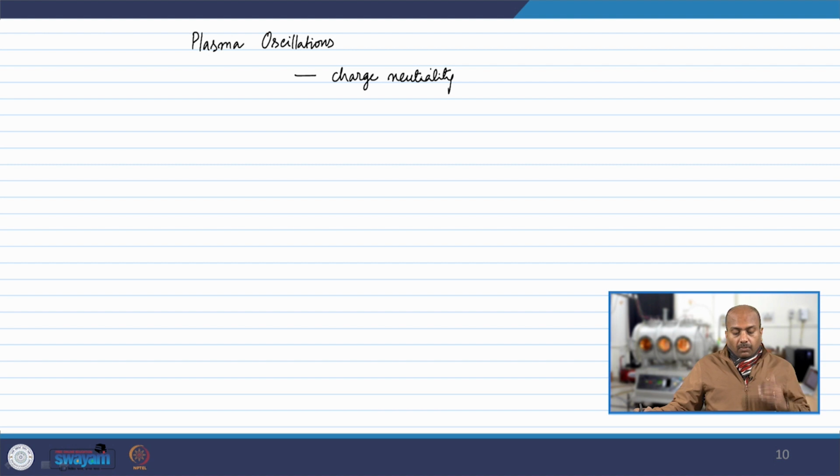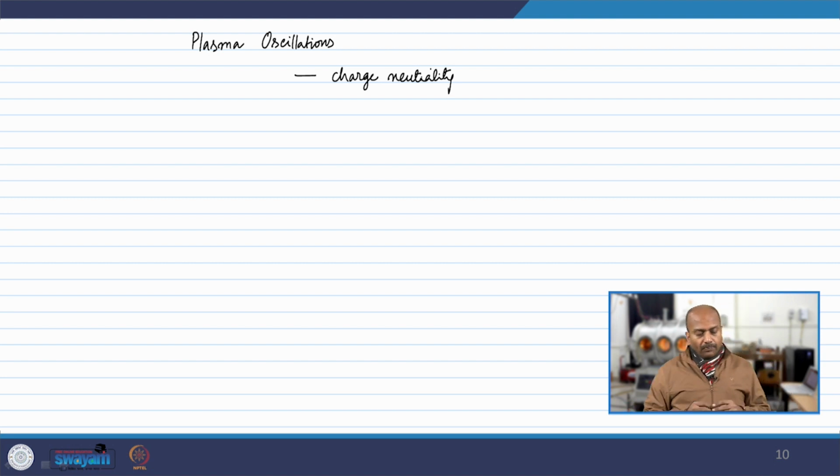The fundamental property of the plasma is its ability to remain electrically neutral, and plasma oscillations are the means by which plasma establishes charge neutrality. So, what are plasma oscillations?